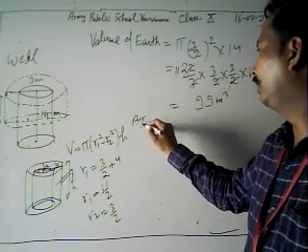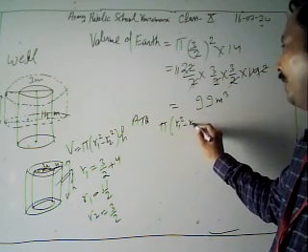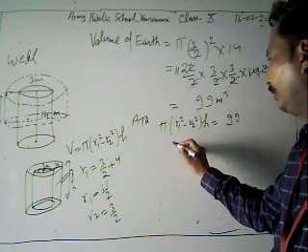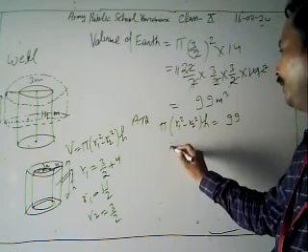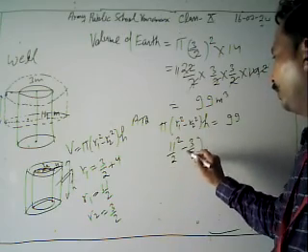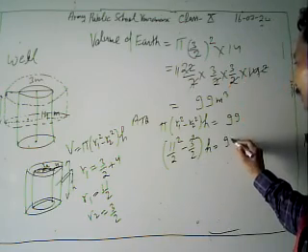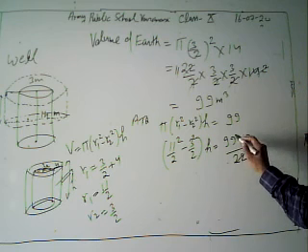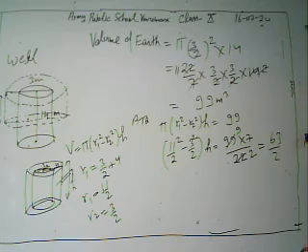Then according to the question, pi into r1 square minus r2 square, into h is equal to 99. r1 is 11 by 2, so we have 11 by 2 whole square minus 3 by 2 whole square, into h. We shift this pi to the other side, so it's 22 by 7. Then 99 into 7 by 22 is 63 by 2.